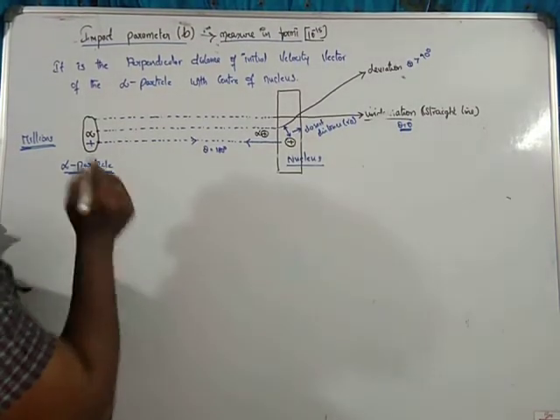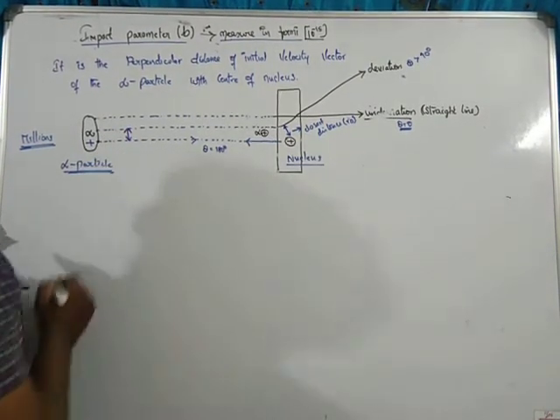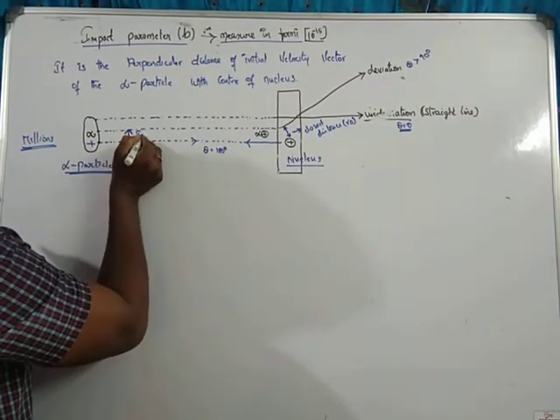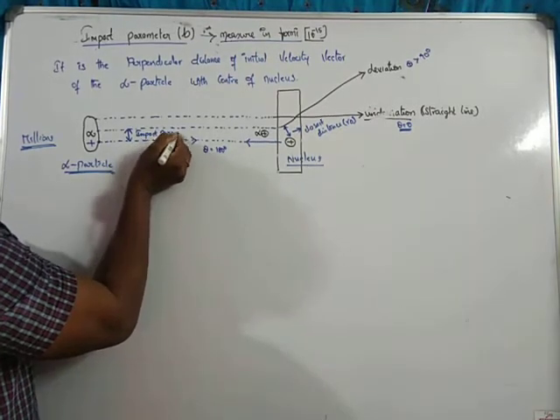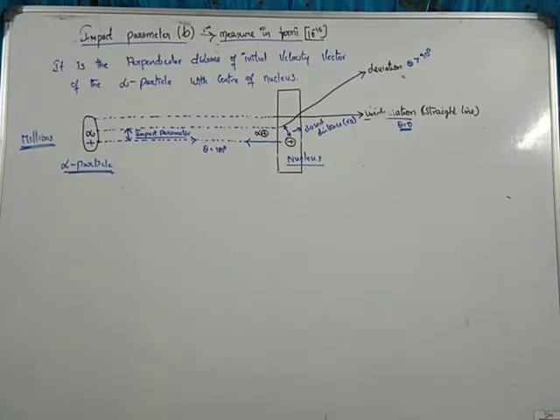Now the distance between these two lines is called the impact parameter. The distance between these two lines.